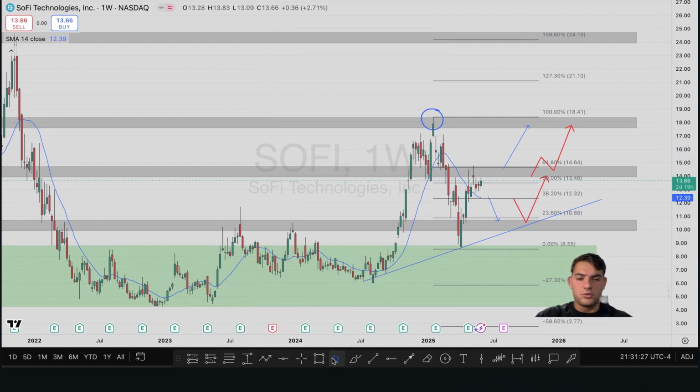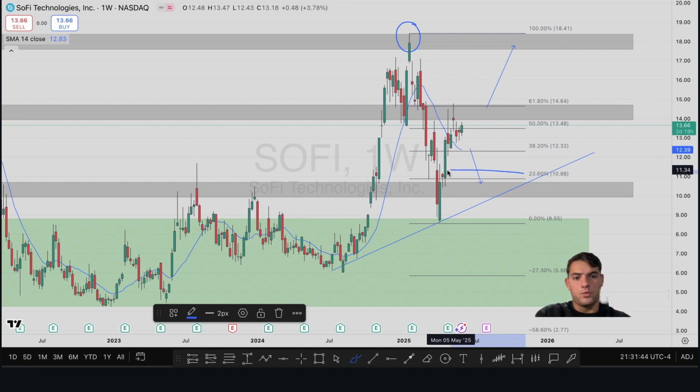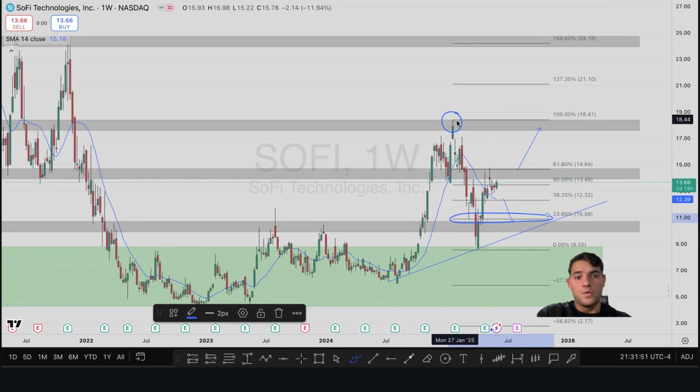It gives me two things. One, we are currently at the 50% level. Two, if the market is looking to pull back, I would love to see the 23.6. And after, if we're going for longs, we have to break this high, and then my target is $21 for SoFi.